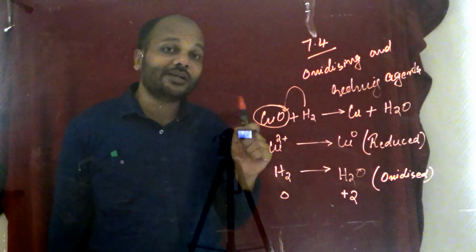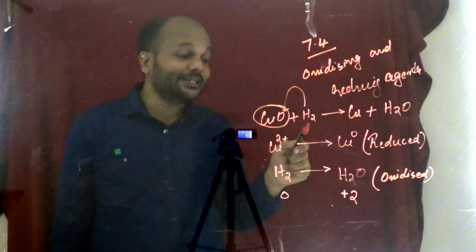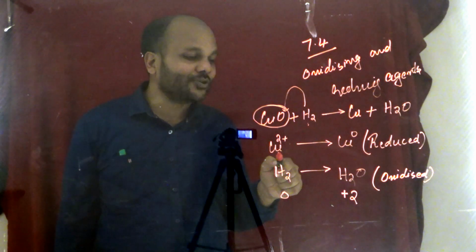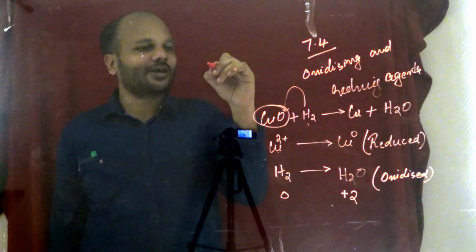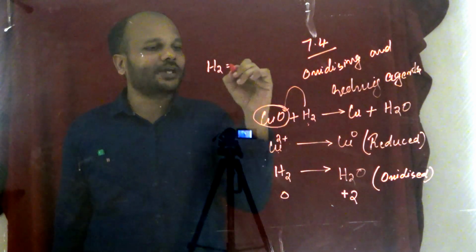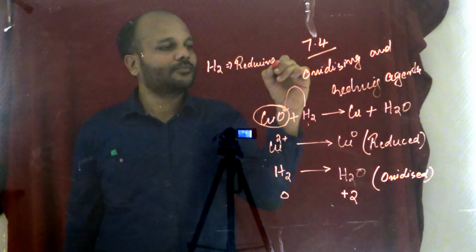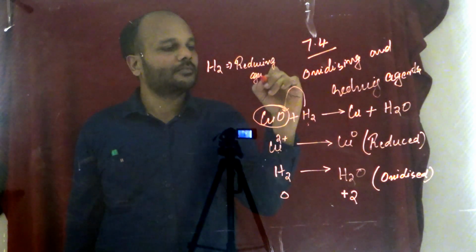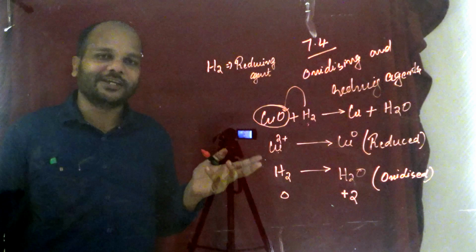What reactant has brought about this reduction? Hydrogen. When it reacts with hydrogen, copper oxide got reduced. So obviously in this example H2 is the reducing agent.